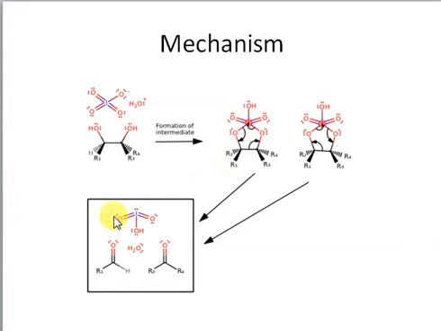However, in the product iodine has oxidation state of 5. This iodine had 4 oxygens, now it has 3 oxygens, so it has lost 1 oxygen. The loss of oxygen is called reduction. So here the iodine has been reduced.